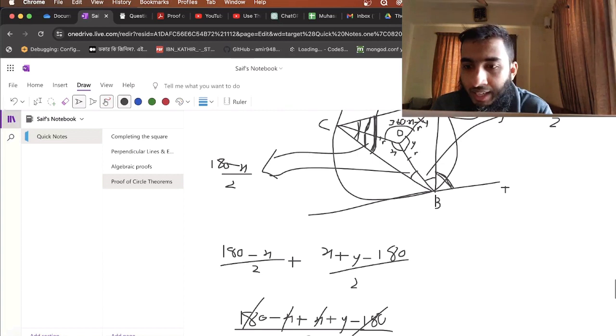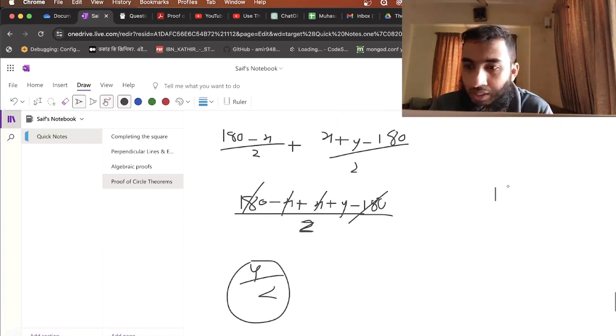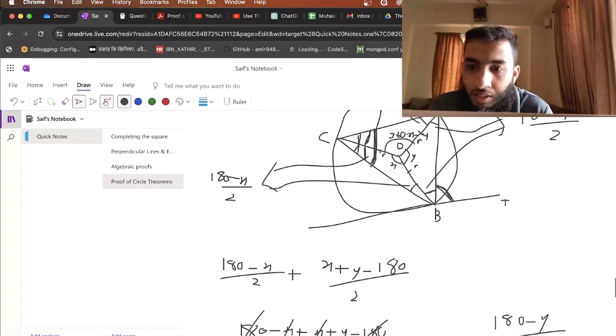So if you look at this angle, we know that this angle is 180 minus Y by 2. And this is the radius. The radius to a tangent is supposed to be 90 degrees, because this is the tangent. So the tangent is perpendicular to the radius. This is of course a rough drawing, but this angle is supposed to be 90 degrees, because it is a tangent and this is a radius.